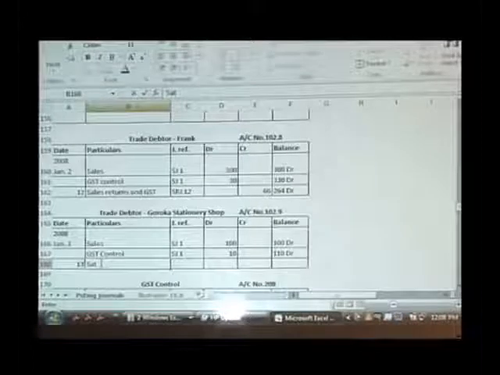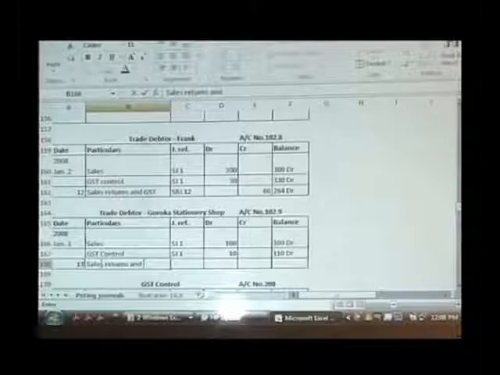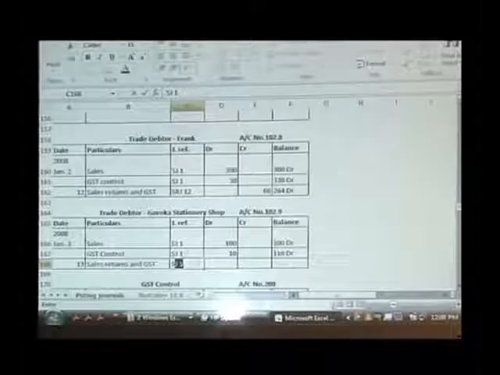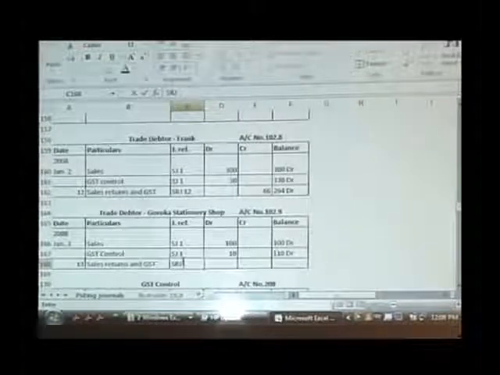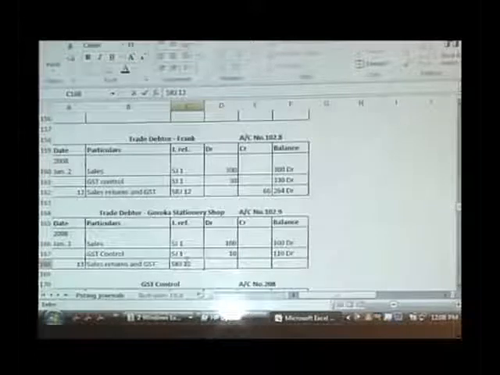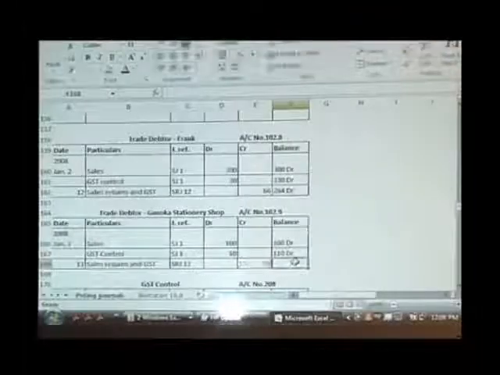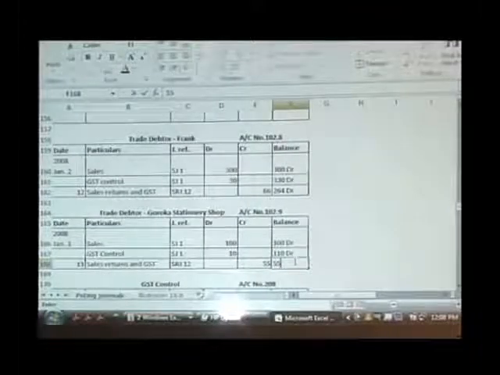Sales returns and GST. Sales returns journal, page number 12. Amount is 55, then balance 55 debit.